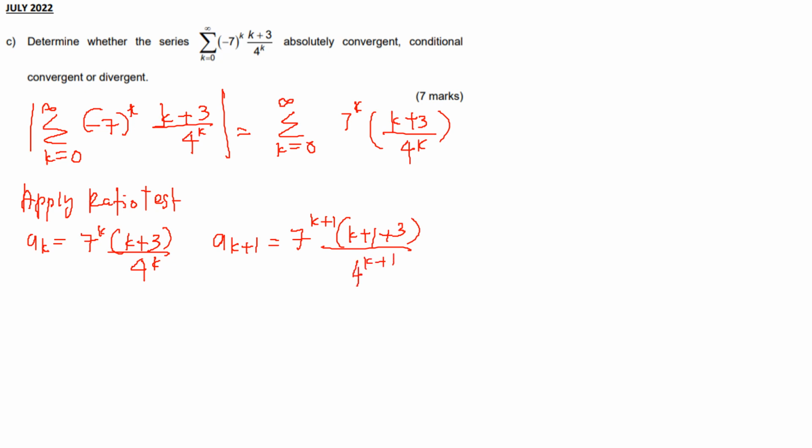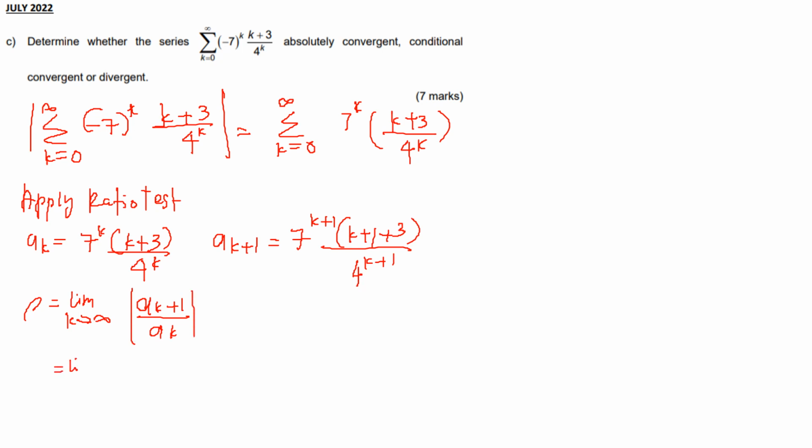Then you apply the ratio test, which is rho equals the limit as k approaches infinity of a_(k+1) over a_k. So this is the formula.